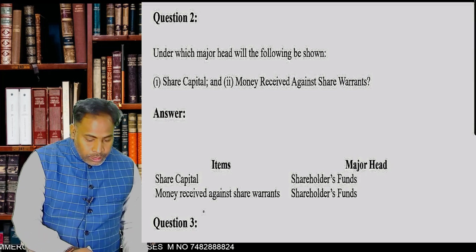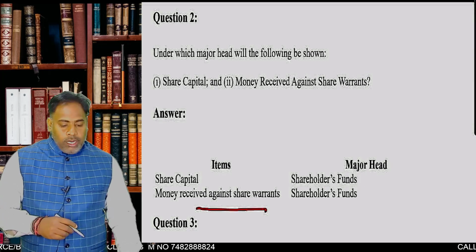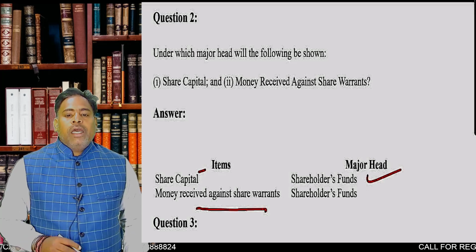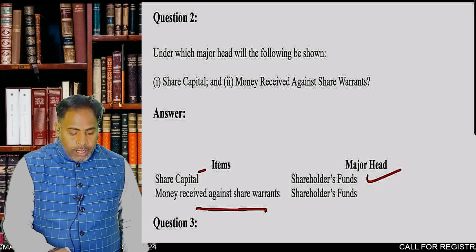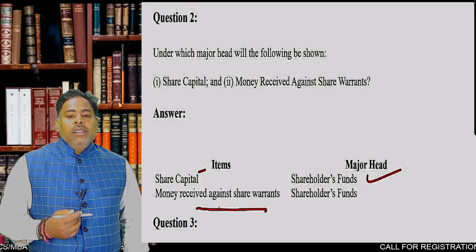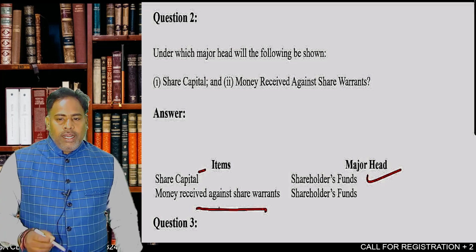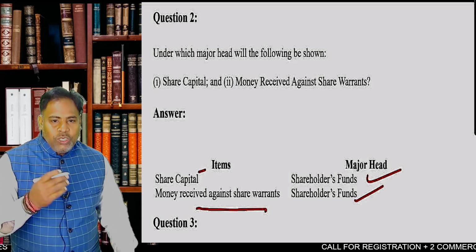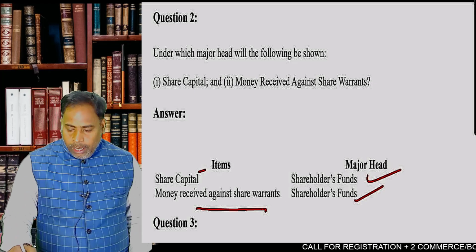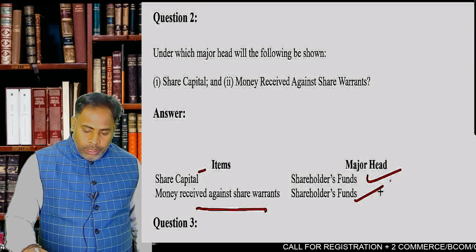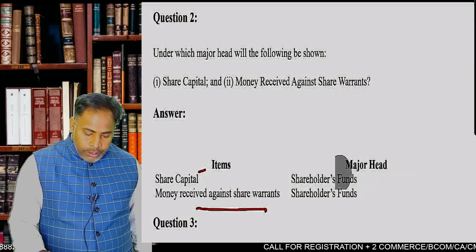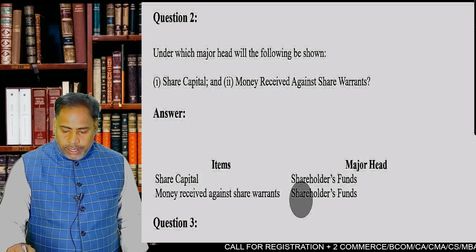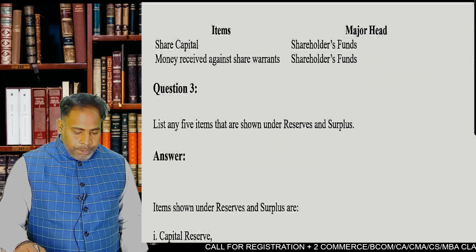The money received against share capital and share warrants. So the major head is shareholder fund, and here also money received against share warrants is called shareholder fund. Already I explained this in the schedule. So very simple thing, a 2-mark question you might get in your exam. So please do follow all the videos so you can understand all the concepts.